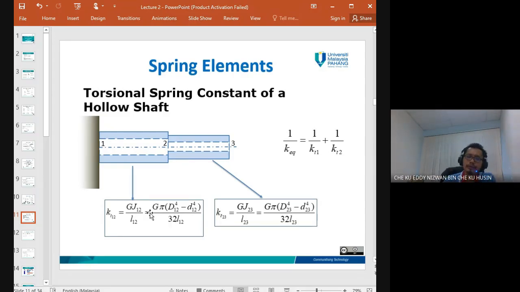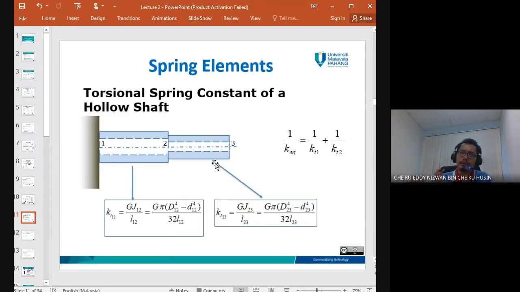And if we consider the hollow shaft, then it is the outer diameter minus the inner diameter, and the same goes for this part and this part. So for this example, as mentioned before, normally there is a disc or any mass applied in the rotational motion.